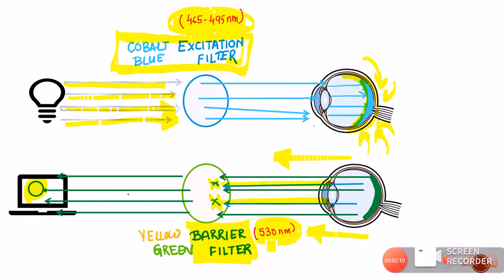Then the barrier filter is going to let only the green emitted light come out and give us the fluorescent image, and whatever disturbing reflected rays are coming will be blocked by the barrier filter, and ultimately we are going to get a fluorescent image.